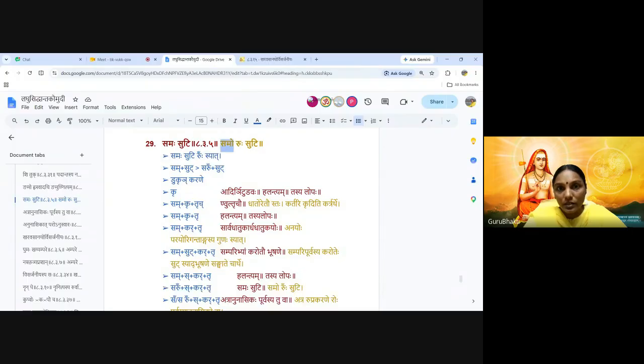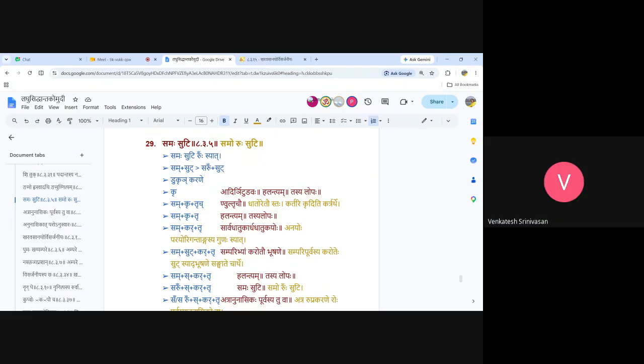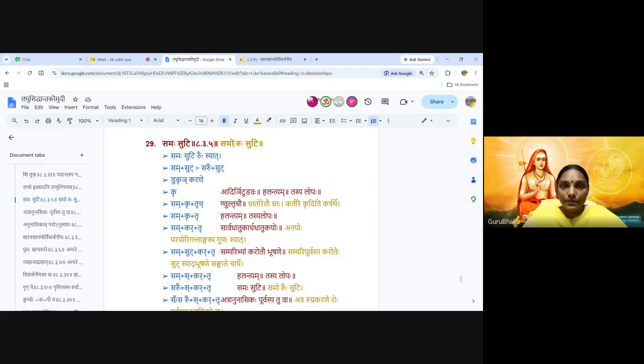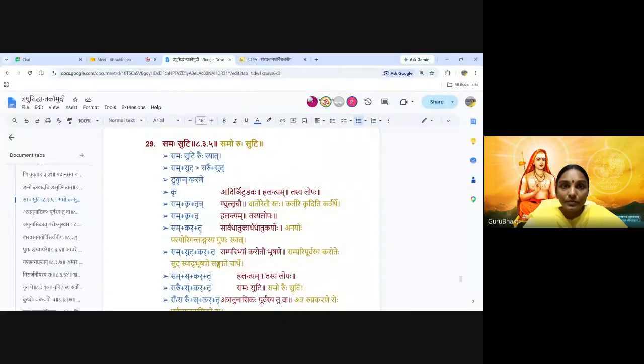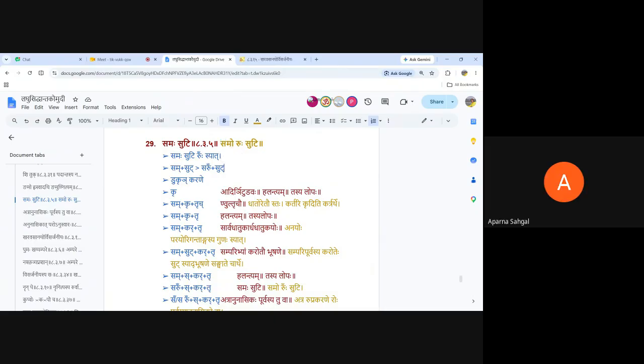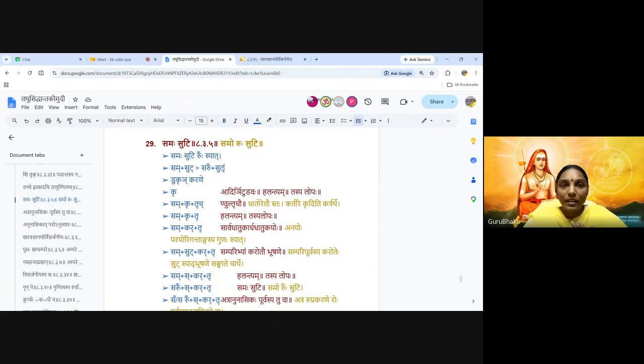What is the vibhakti of samaha? Panchami. What is the suti? Saptami. What is the ruhu? Prathama. What is required? Shashti. Samaha is shashti, sthani. Samaha suti ruhu syat.